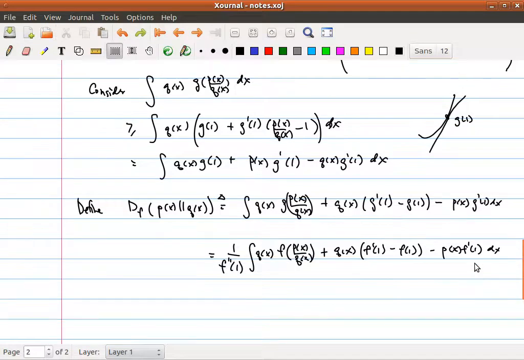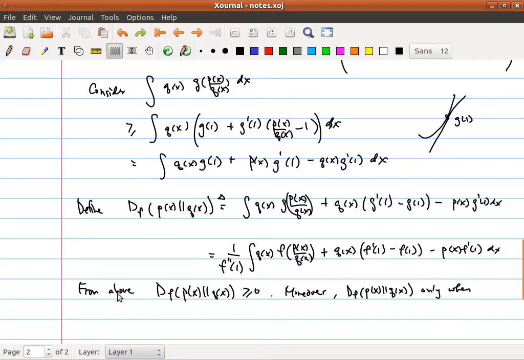And also, only when p(x) and q(x) are the same, that is, p(x) over q(x) equals 1 for all x, or at least for all x such that q(x) is bigger than 0, then this integral will be equal to 0.